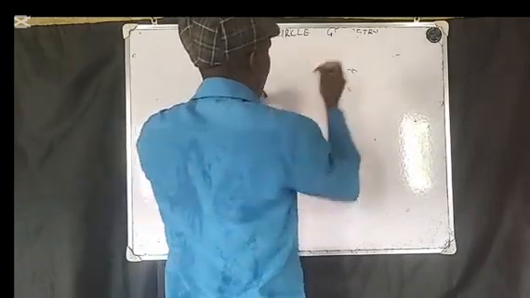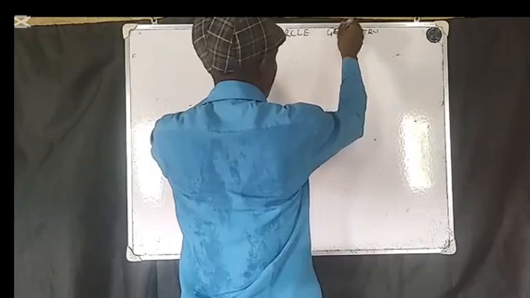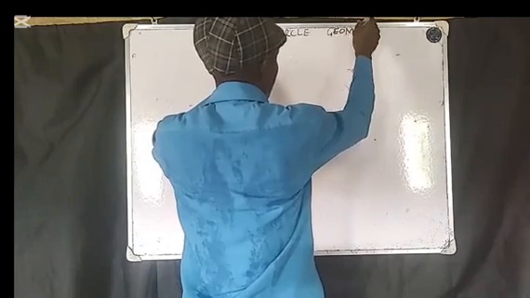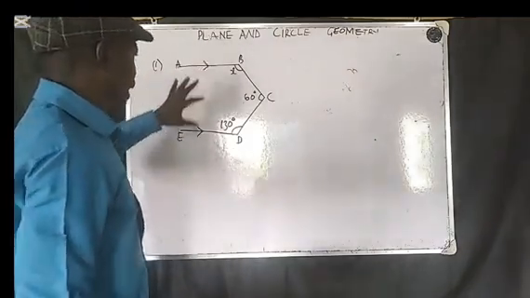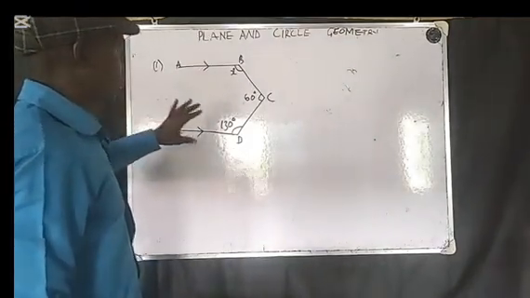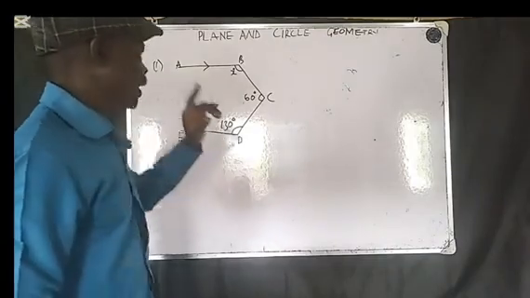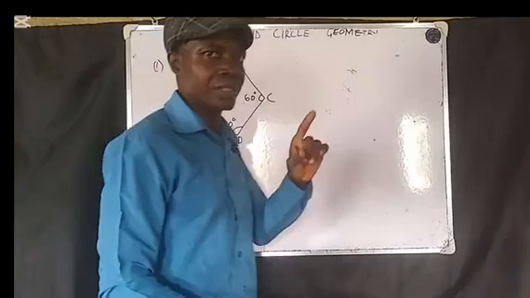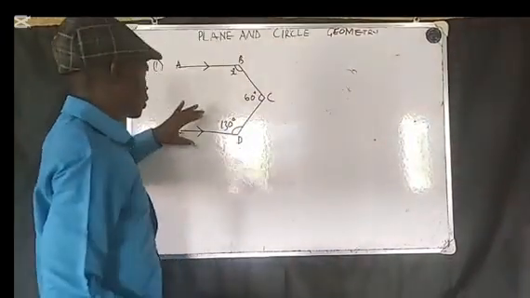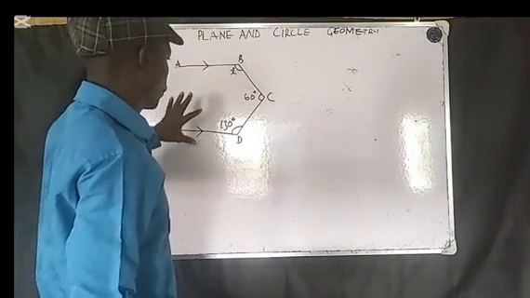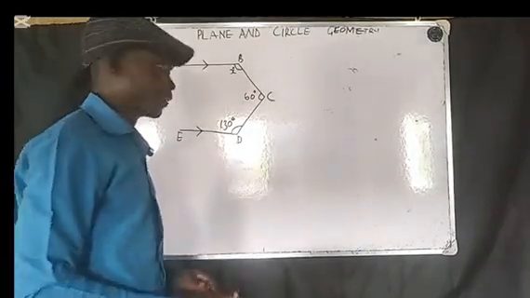Let's solve some problems under plane geometry. We notice that these are two parallel lines, and these parallel lines are not linked by a single transversal. They are supposed to be linked with a single transversal.